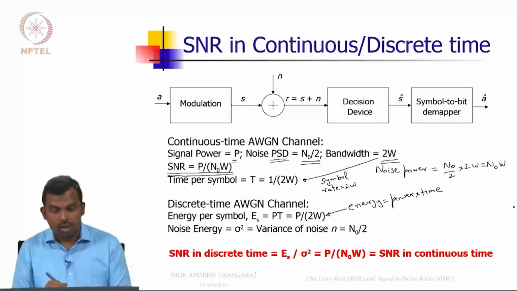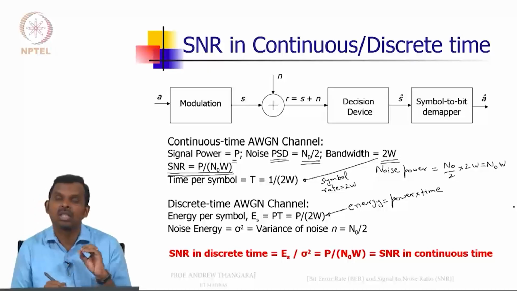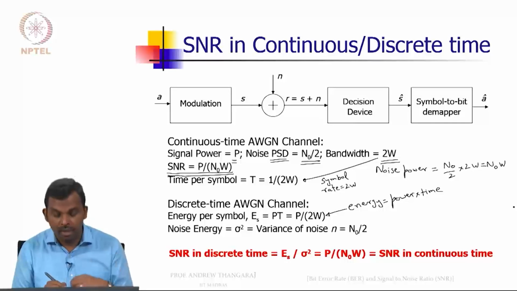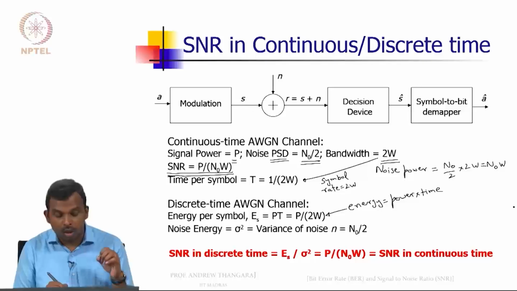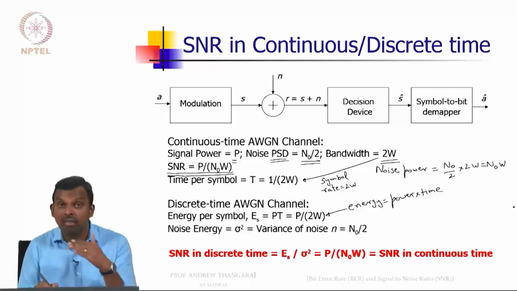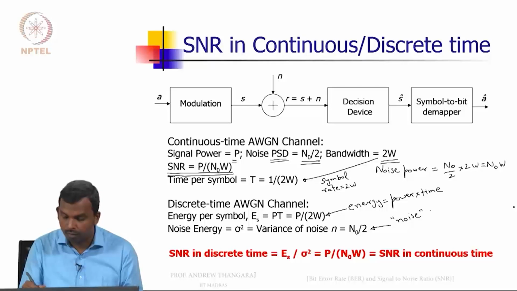Now, how does the noise get converted into discrete time? This requires a little bit of calculation. I am not going to go through that, there is lots of theory behind it. It turns out when you convert noise from continuous time to discrete time, the noise energy is simply the variance of the noise, and that is simply the level of the noise PSD, N naught by 2.